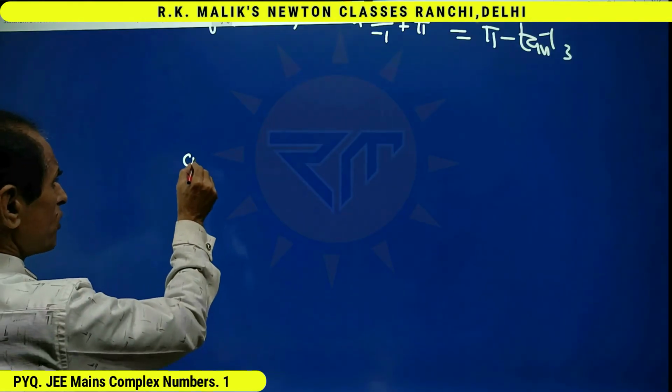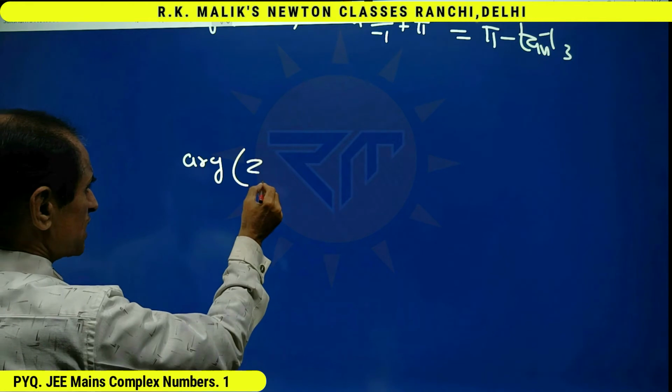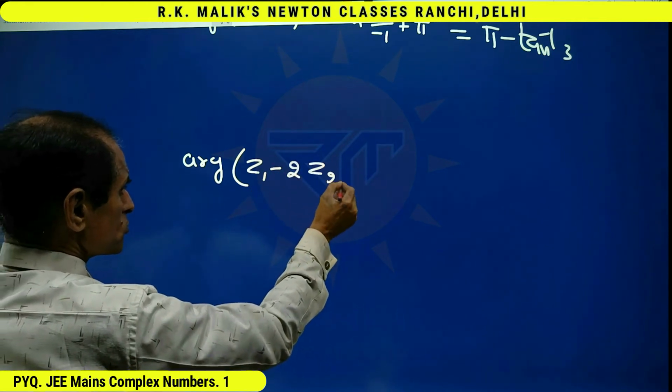Now we have to find the value of argument of Z1 minus 2Z2.